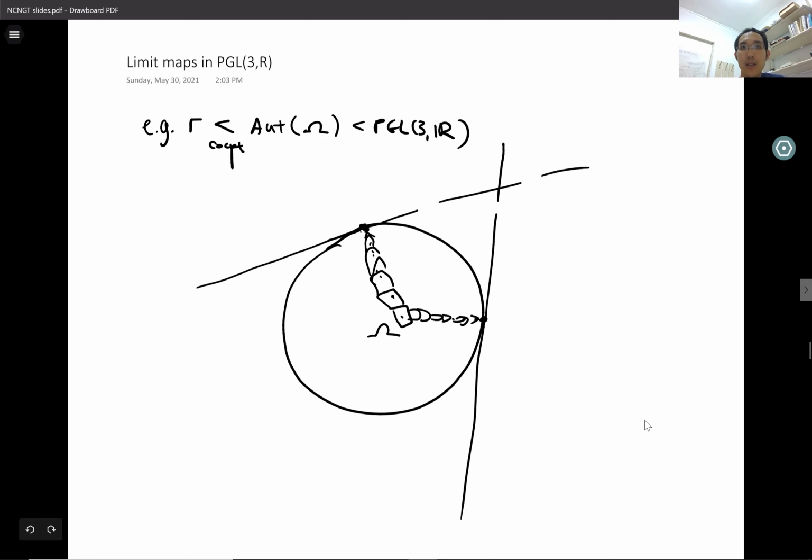Okay, so what's the point? The limit maps, maybe I should have said slightly earlier, the dynamics of a relatively hyperbolic group acting on its Bowditch boundary encodes some amount of negatively curved behavior. And these limit maps help capture some amount of this in the image subgroup.